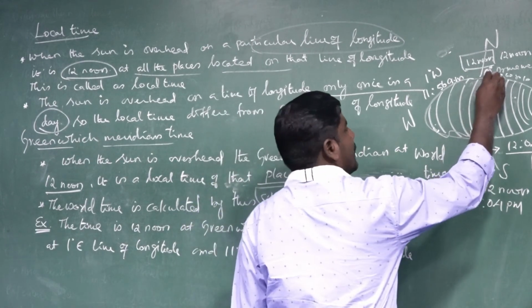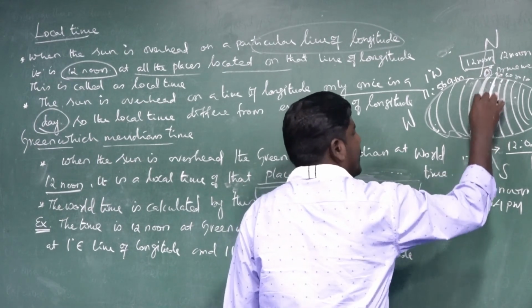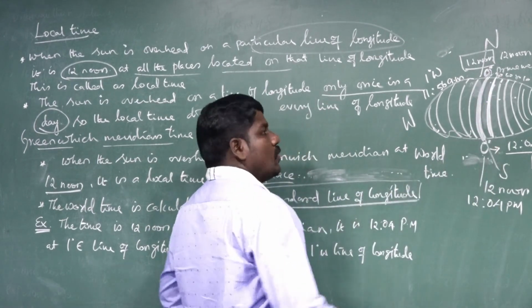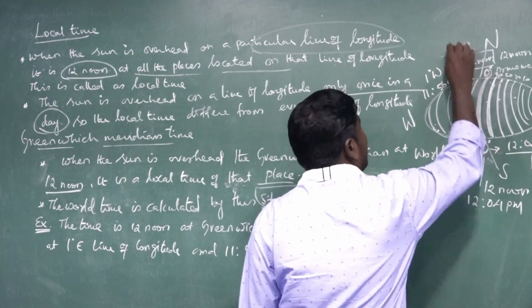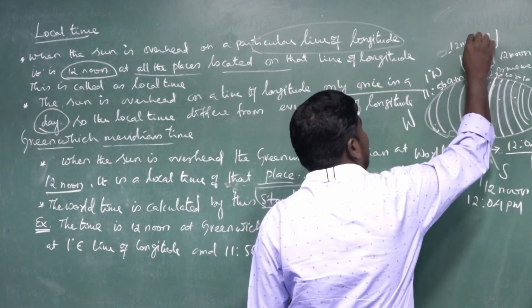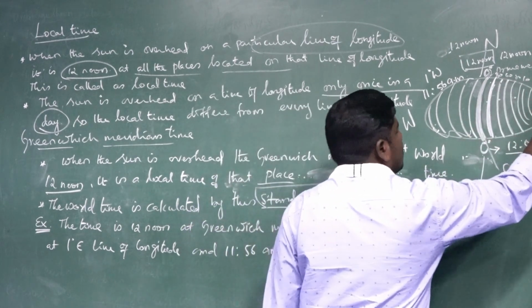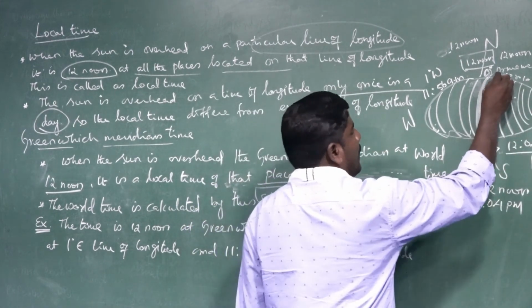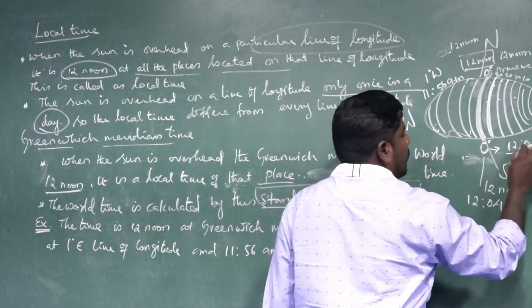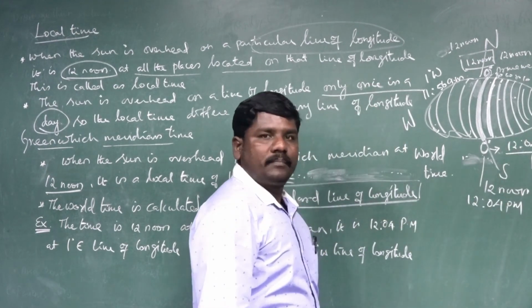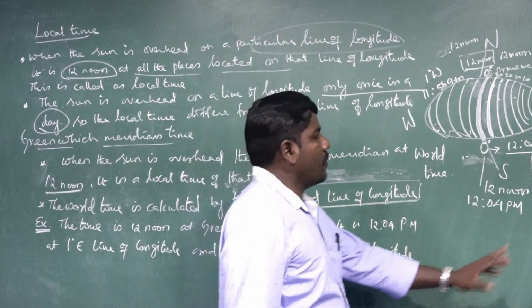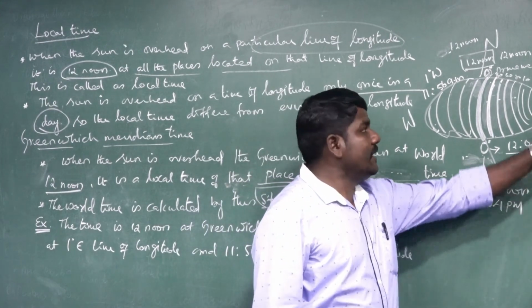So this is the Greenwich meridian, where it is 12 noon. At 1 degree east line of longitude, it is 12.04 PM, post meridian, on the east side.